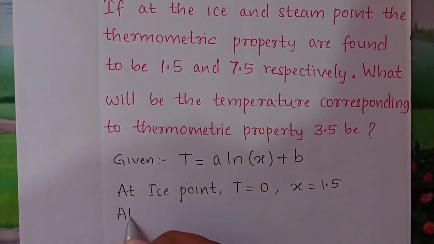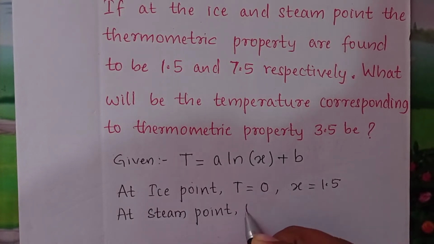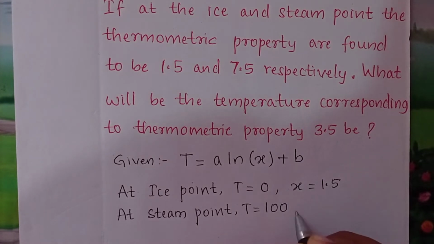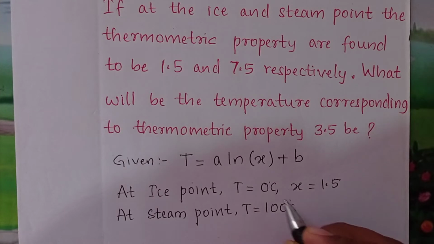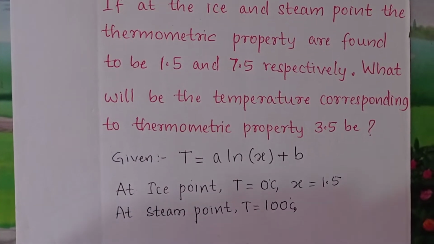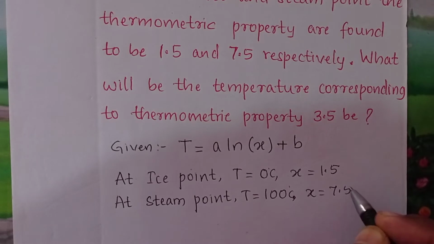Similarly at steam point, when t is equal to 100 degree centigrade, x is 7.5. Here 0 degree centigrade is for ice point and 100 degree centigrade is for steam point.